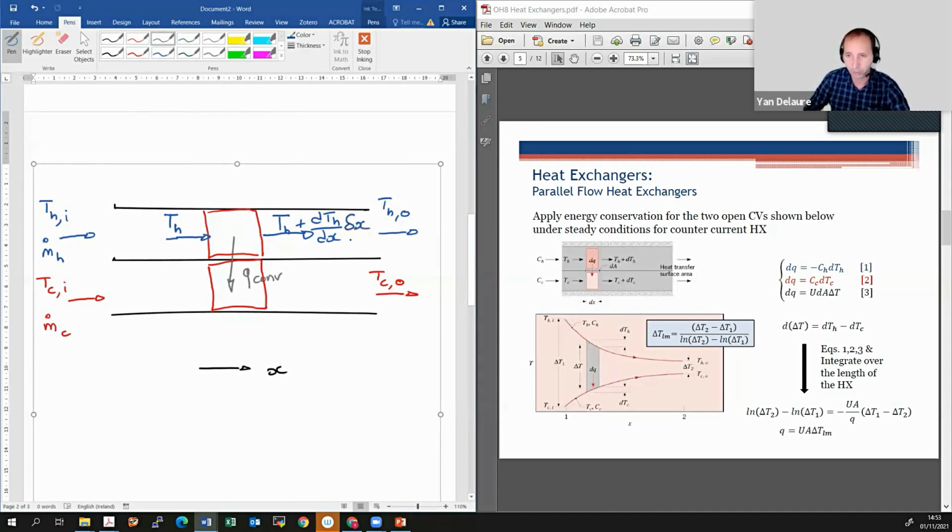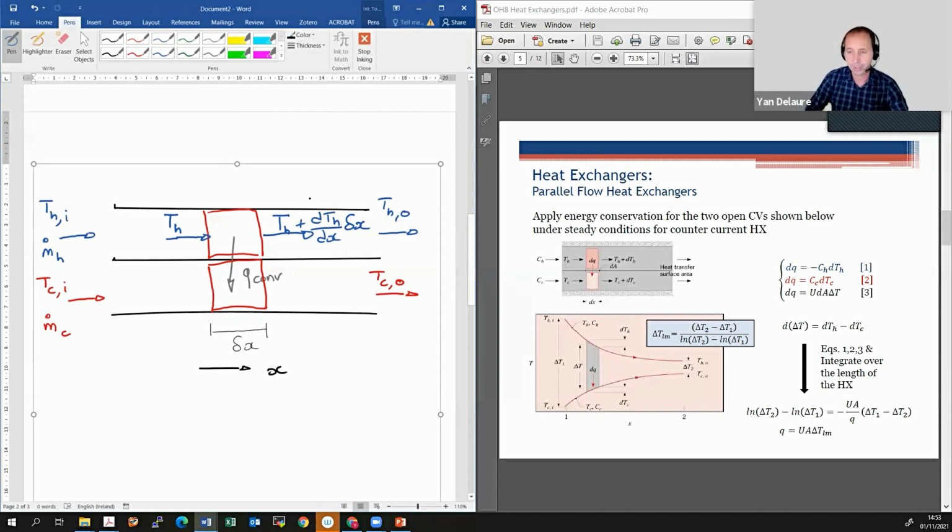and we've moved by an amount delta X, where delta X is the actual finite width of our control volume. So as you move in the X direction by an amount delta X, you change the temperature of the hot stream by an amount, which is the rate of change of TH with X for a given delta X. You multiply by delta X, that rate of change, and you get the actual change.